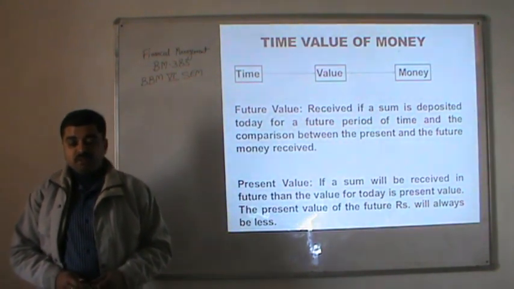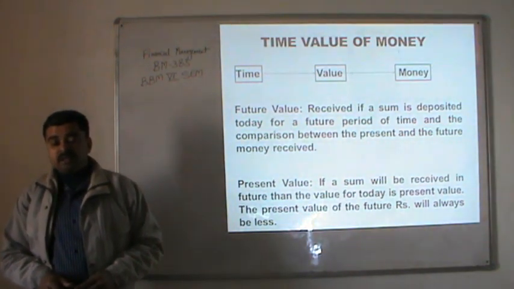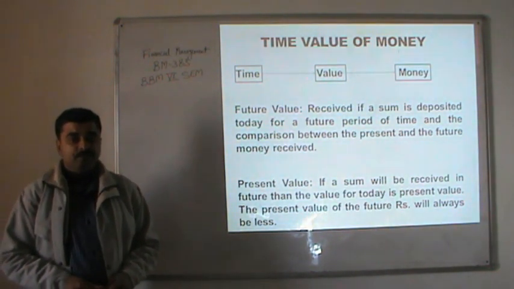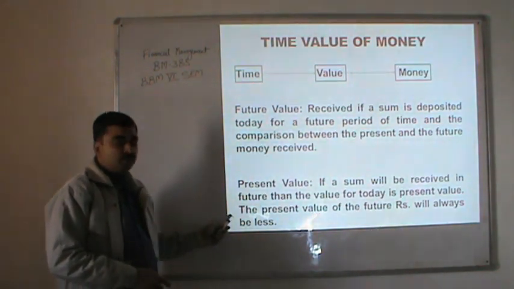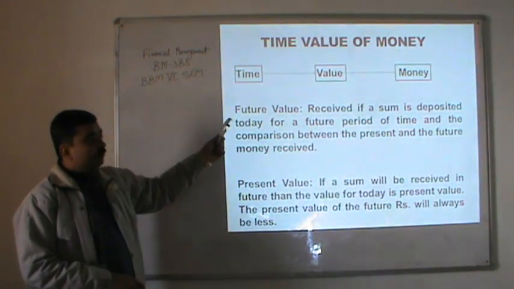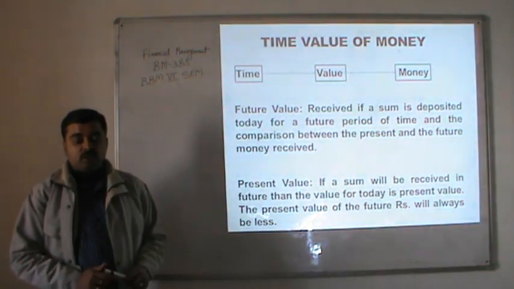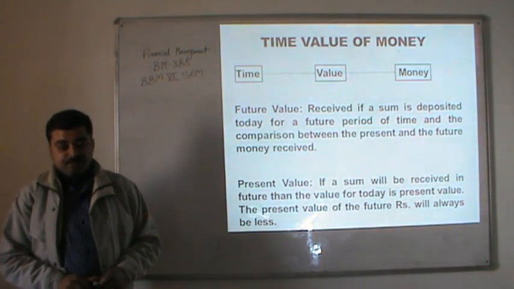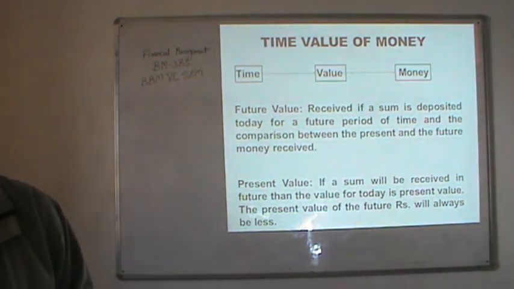It is the sum which will be received on a future date, but we calculate its value for today. So if we calculate today's value, interest is deducted from the future value. If we calculate the future value from the present value, the amount of interest will be added. So these are the two concepts which we will check out today.